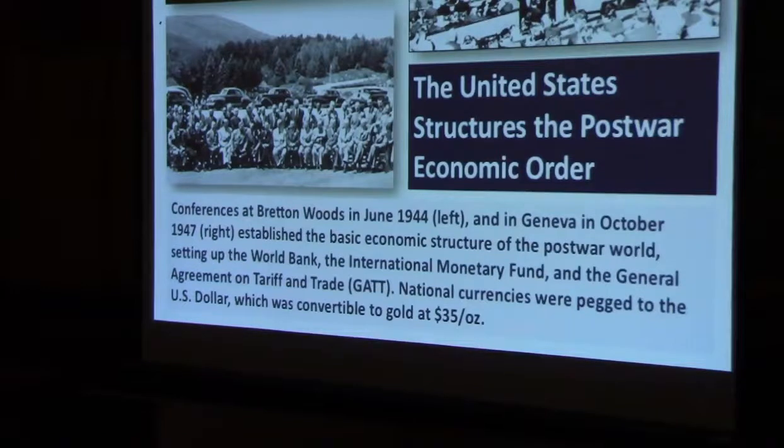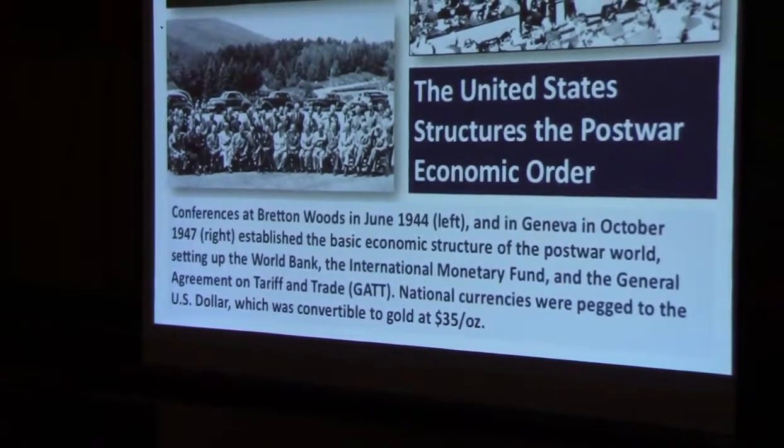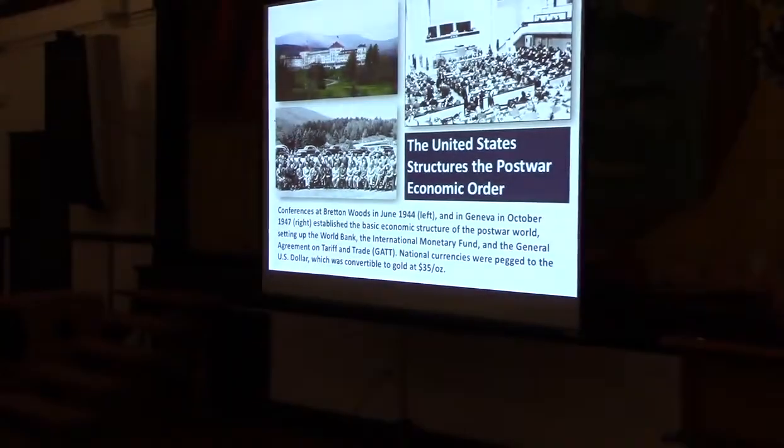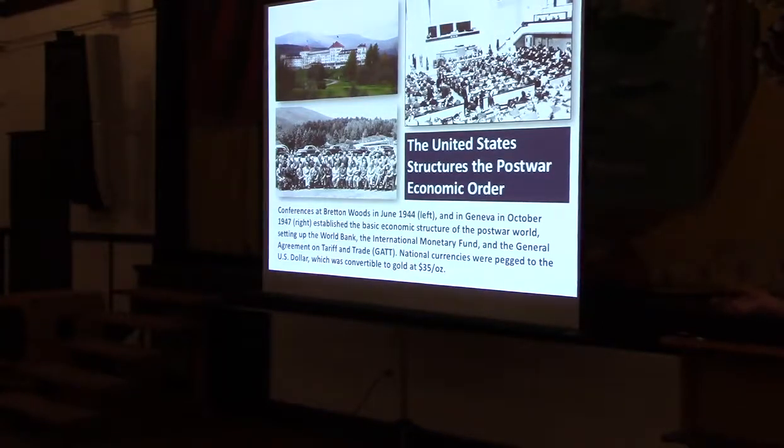And the main elements of that, as you probably know, the convertibility to gold of the dollar, $35 an ounce. So the dollar can function as the primary international currency. In other words, it replaces the pound sterling as the major currency of world trade.